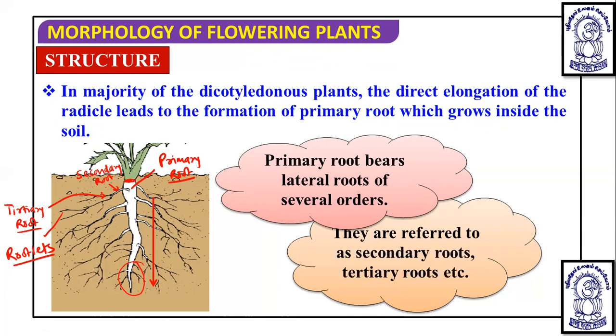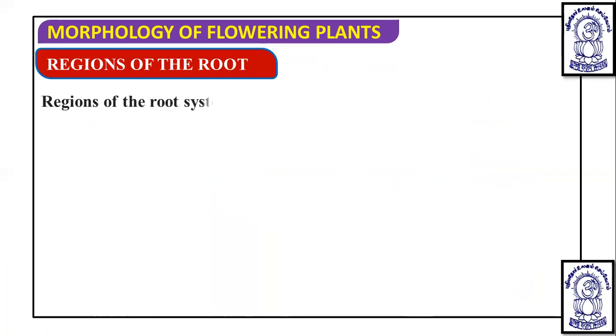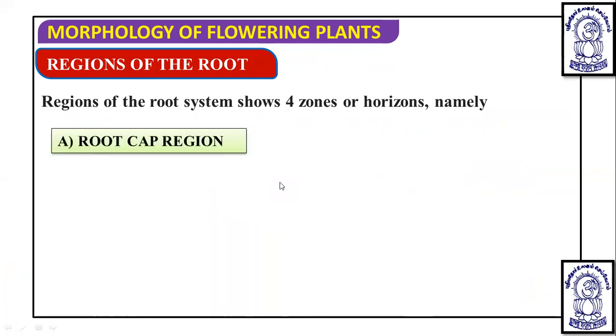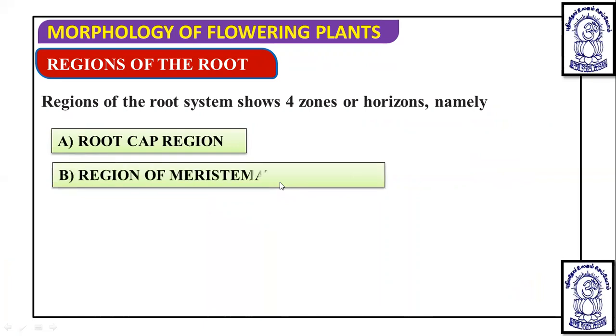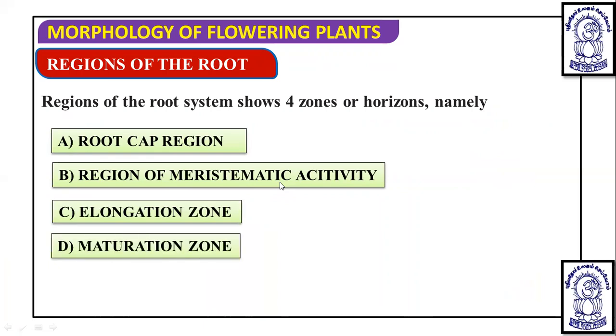The root shows four zones or four horizons, namely the root cap region, the region of meristematic activity, the region of elongation, then the region of maturation, known as the maturation zone. These four zones are seen in the root system, and this sequence is from the lowermost region towards the base of the root.